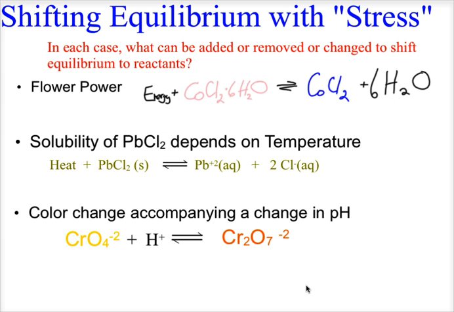In each of these slides, we see examples of ways in which an equilibrium can be shifted by adding reactants or products, changing the temperature, or actually changing the pH. All of these are similar to what you experienced in lab.